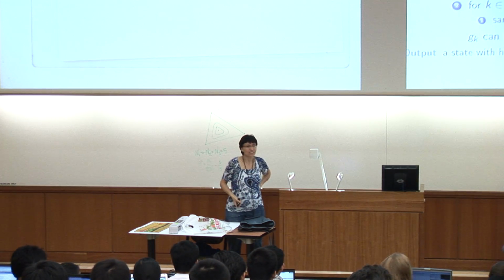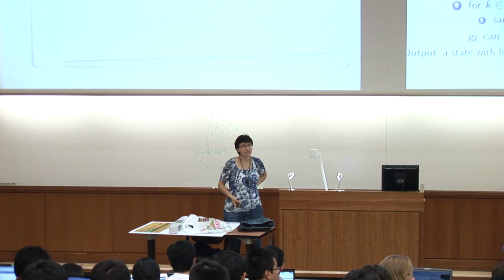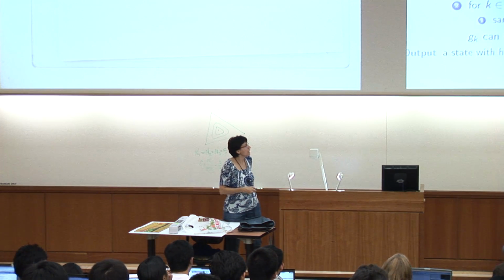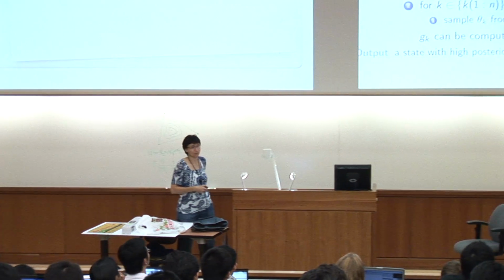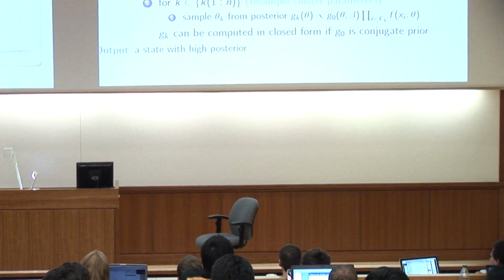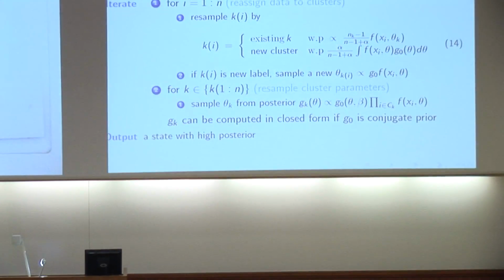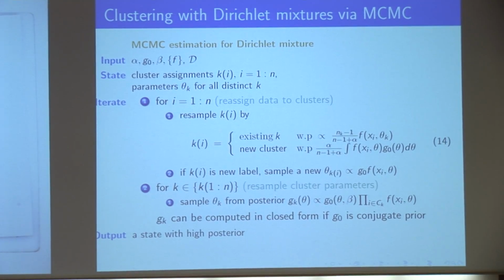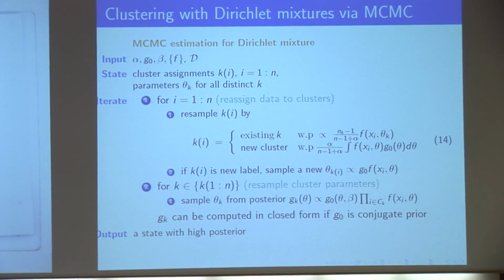Yes? So if G0 is not conjugate, do you have to use something like Metropolis? If G0 is not conjugate, then the question is, how do I sample from this? And that, of course, depends on G0 and F. I would really like to have a closed form. I would really like to have an efficient algorithm for sampling from there, because I have to repeat this many times.